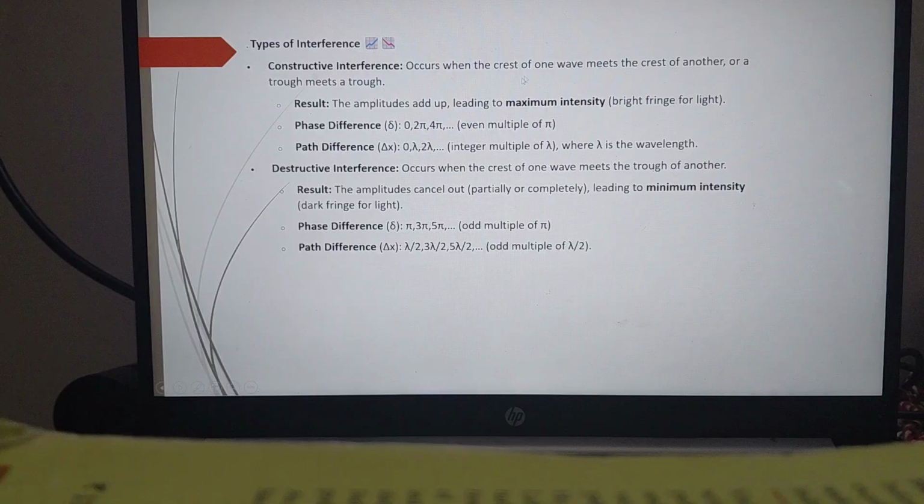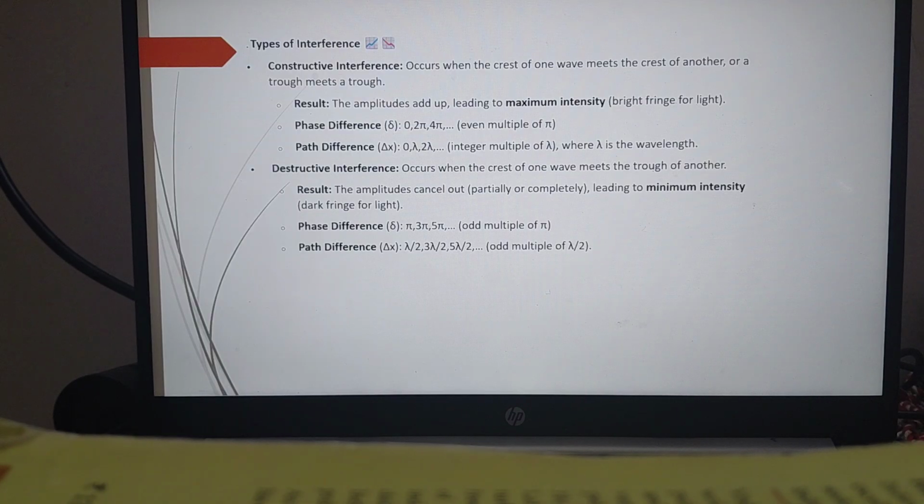It occurs when a trough meets a trough, or a crest meets a crest. What will be the result? The amplitudes add up, leading to maximum intensity. That is bright fringes.